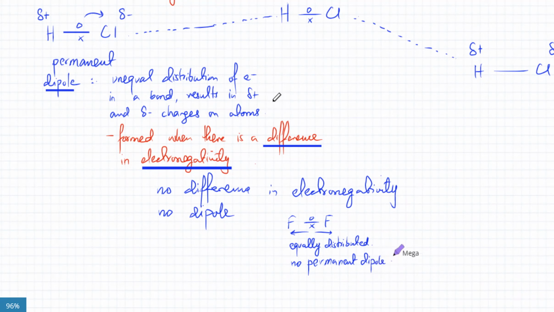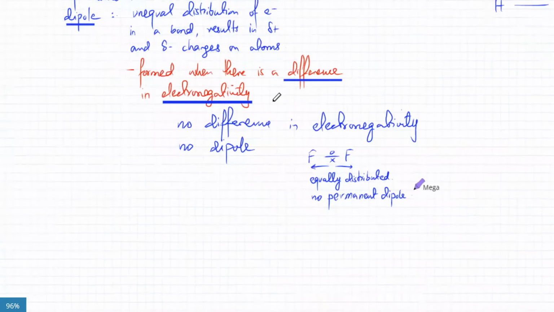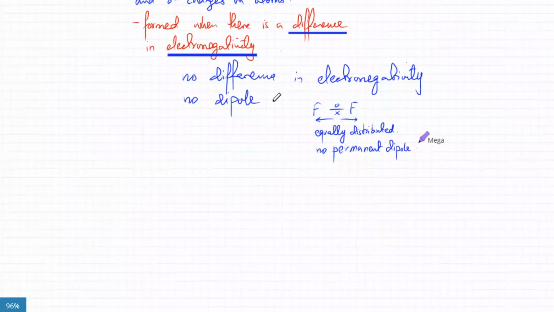So then there's another scenario. Dipoles are formed when there's a difference in electronegativity, but they're also dependent on the shape of a molecule.